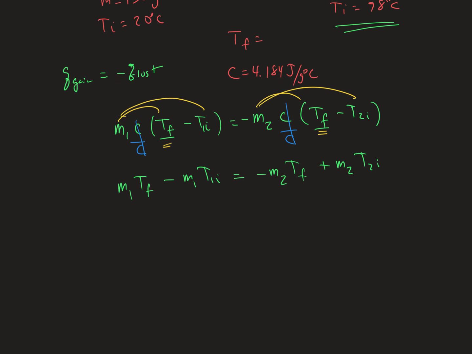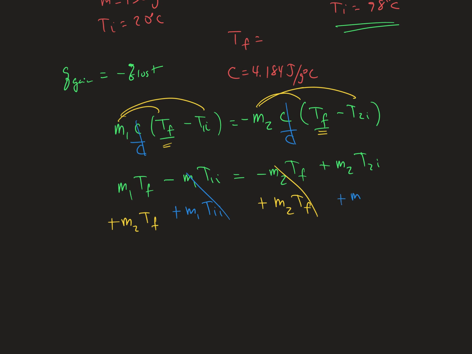All right. So now let's put terms together. Let's put both of the TFs together because that's what we're looking for, right? So we're going to add M2 TF to both sides. And then we're going to add M1 T1I to both sides.